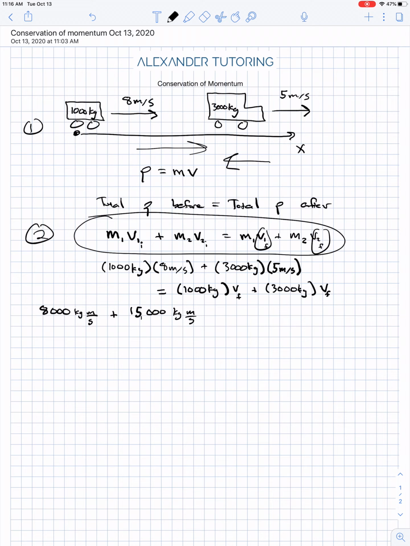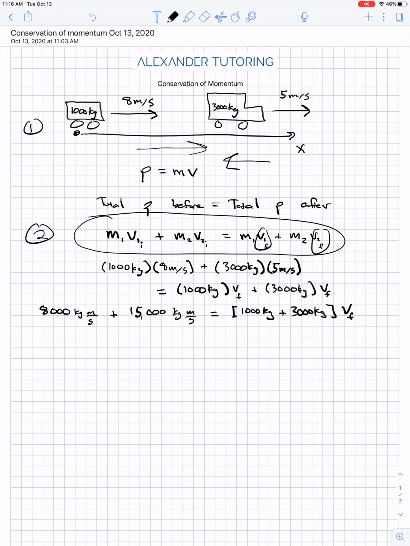Now on the right-hand side, I'm noticing that there is a V final common to both terms. So if you recall from your algebra class, that means we can factor out the V final to get 1,000 kg plus 3,000 kg, and then here is the V final, which we factored out.